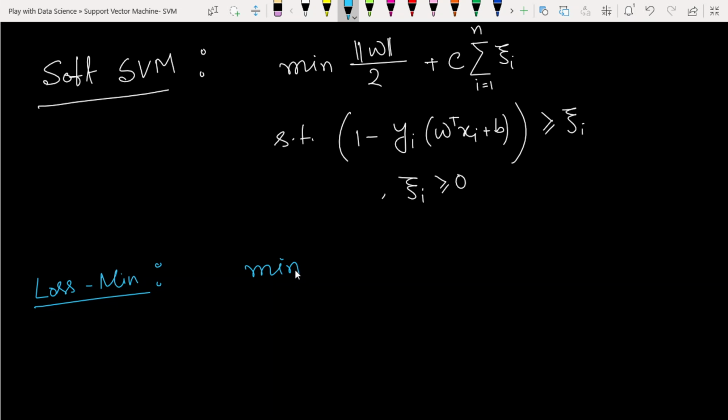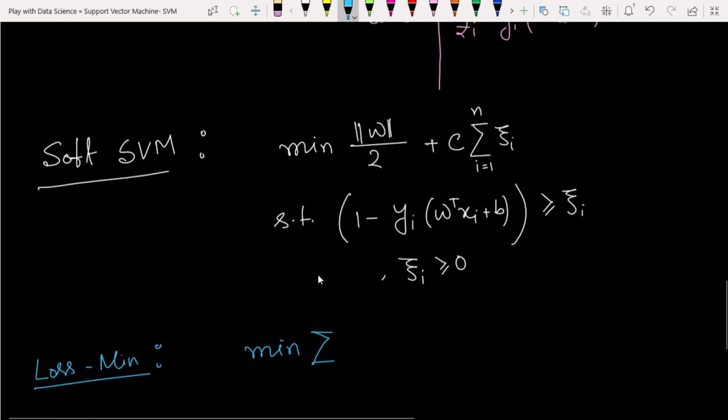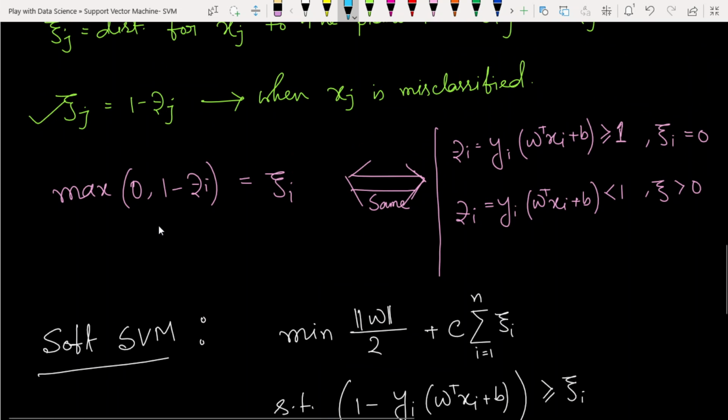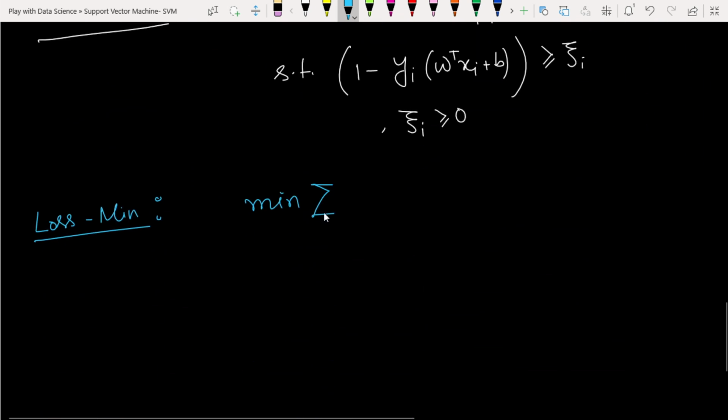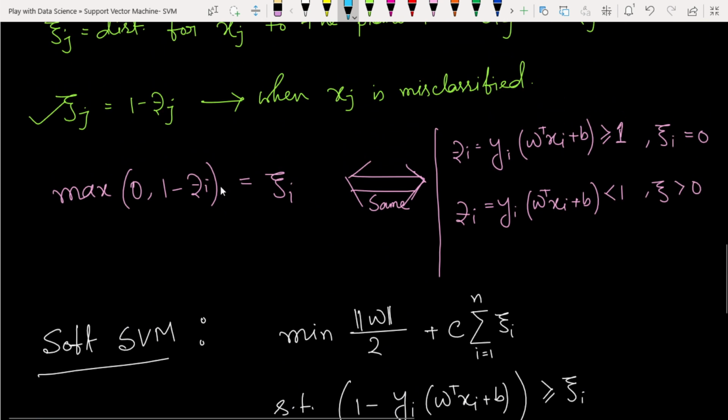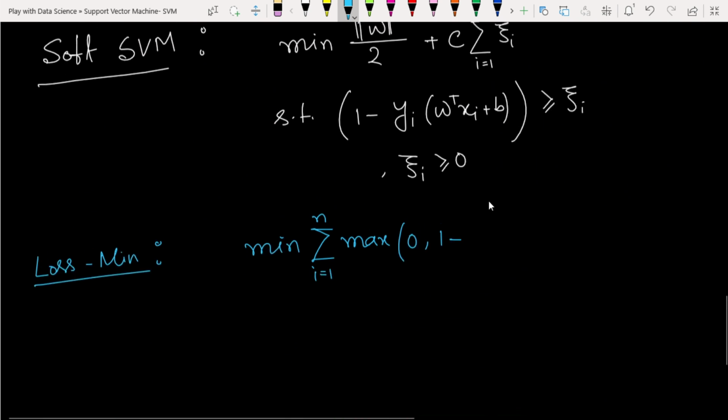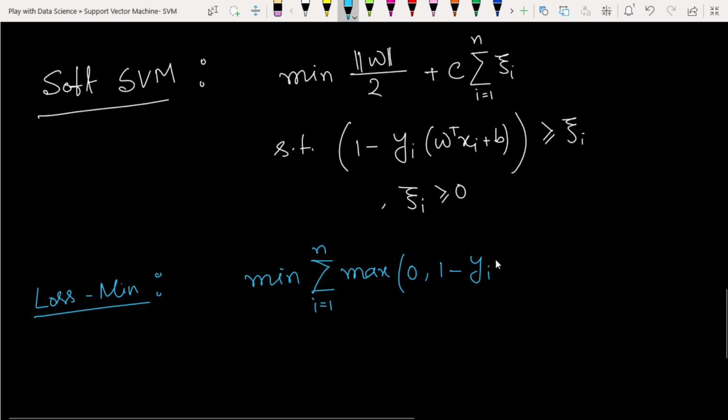We are interested in minimizing the loss function: the sum from i equals 1 to n of the max of 0 and 1 minus zi, the hinge loss. Instead of z, I am writing yi times (w transpose xi plus b).